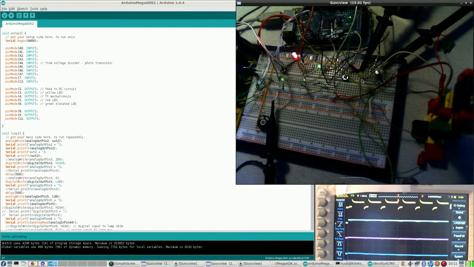What is wrong with pin 3? Because if you look now here, it is still the same output at 5 volts. Let me wait.